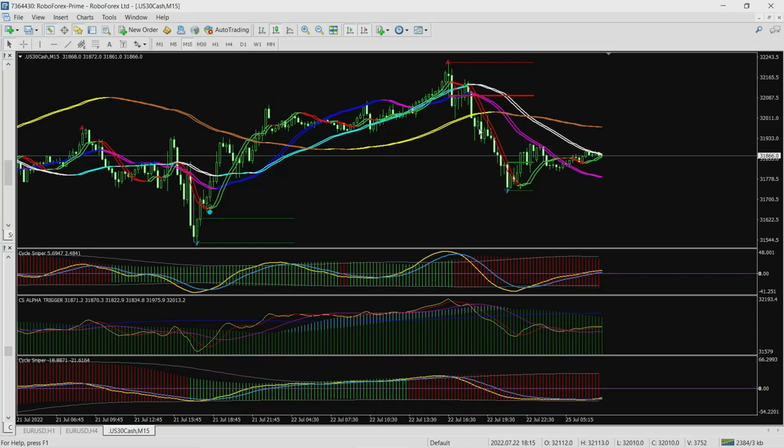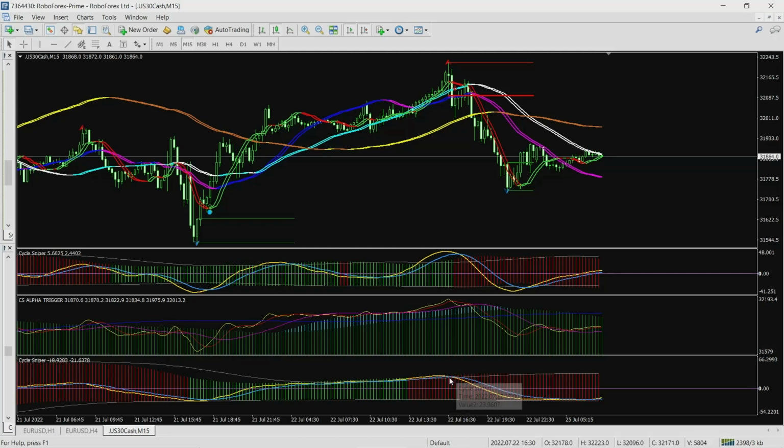A good sample of checking different time frames when entering a trade. Now we have set 1, set 2. Don't forget, if you have two different settings on the same chart of Cycle Sniper, the signals, dots and arrows, which will display on the charts belong to set 2, the one in the second sub window.